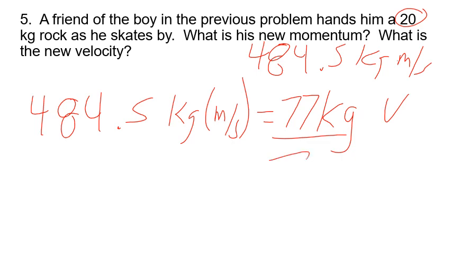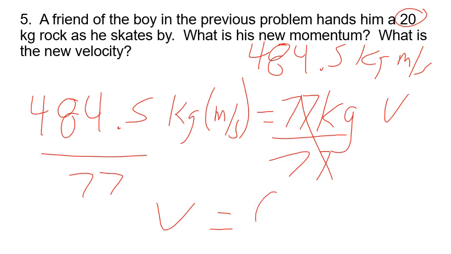Divided by 77 on both sides, and we'll get a new velocity of 6.3 meters per second. So now his velocity is a little bit lower. And that makes sense, because now that he has more mass, his velocity is going to be lower in order to have the same momentum, because momentum is conserved. He had the same momentum that he started with.